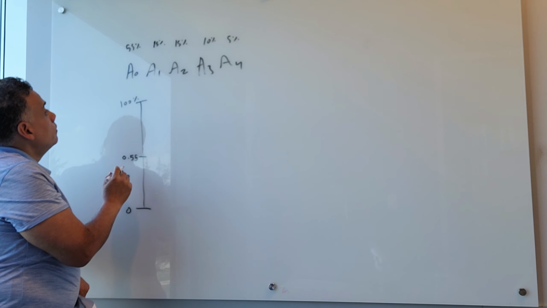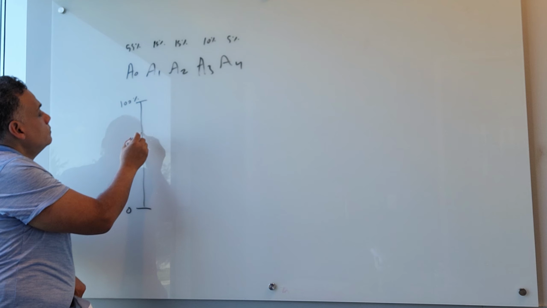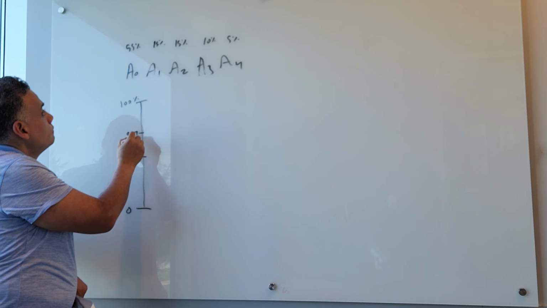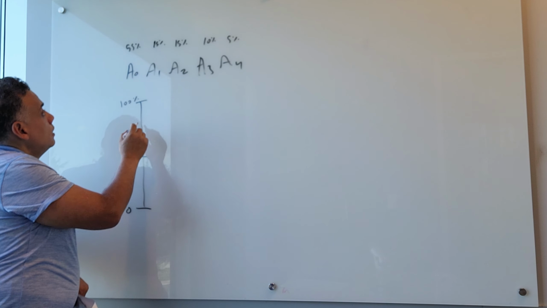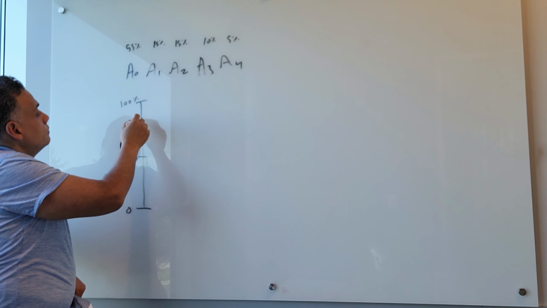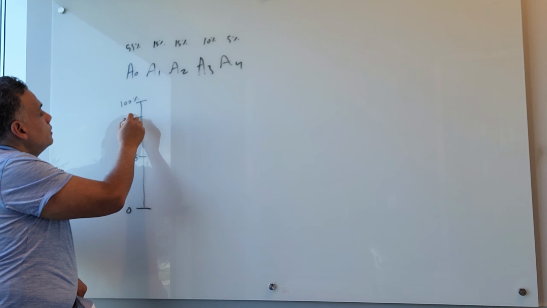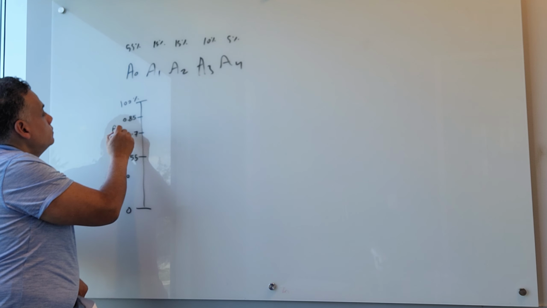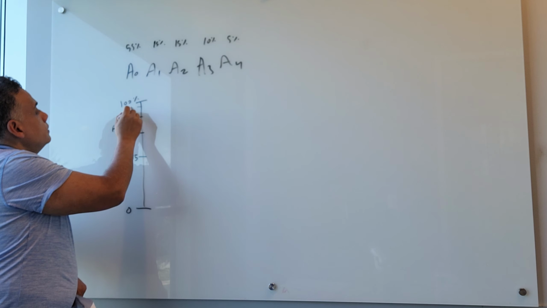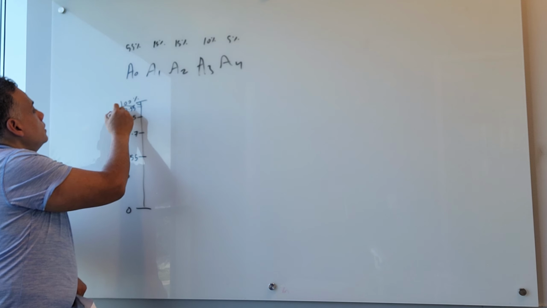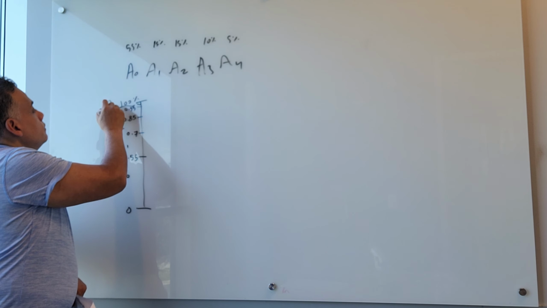And then from 0.55 to 0.7, we have the space occupied by A1, and then another 15%, we have 0.85. We have the space for A2, and then 0.95 we have the space occupied by A3, and then this small sliver is for A4.